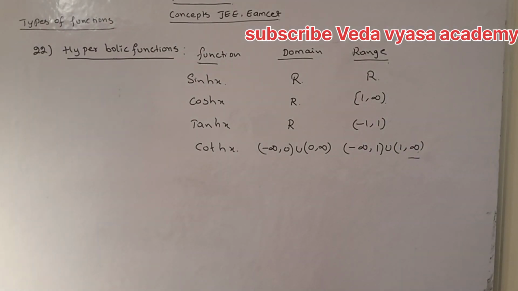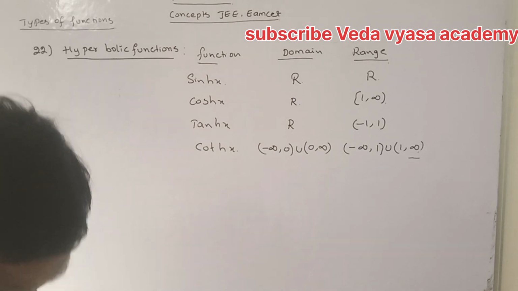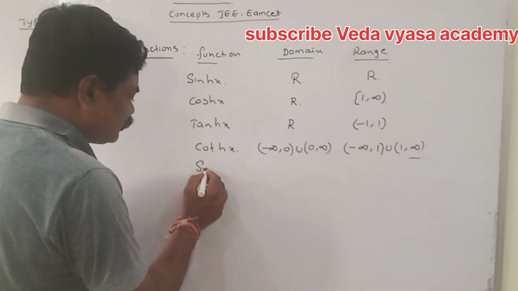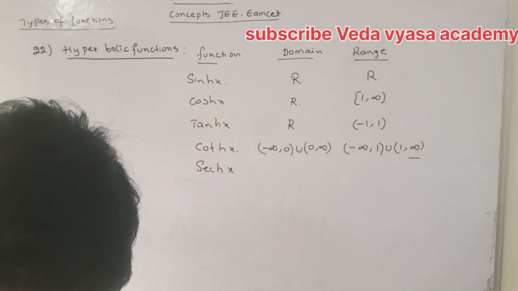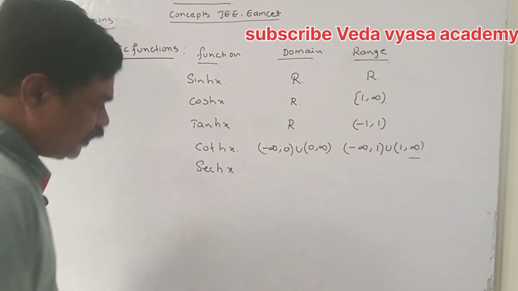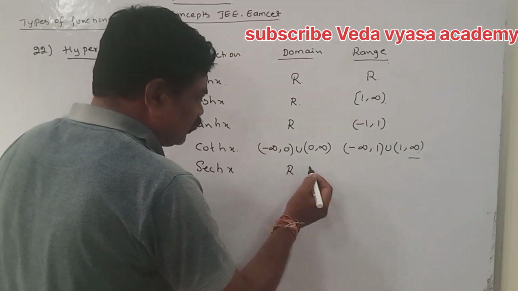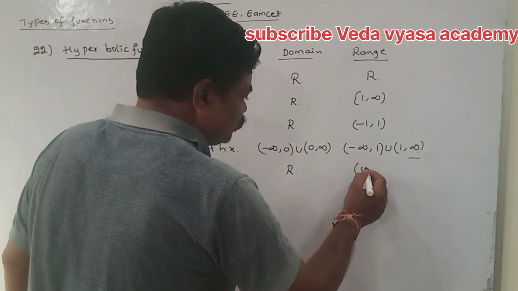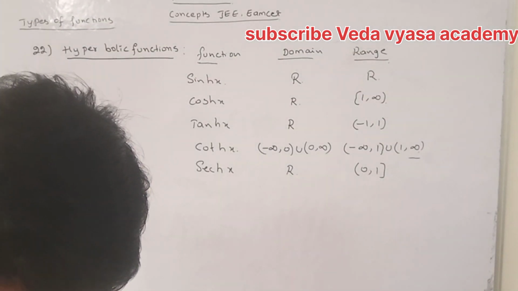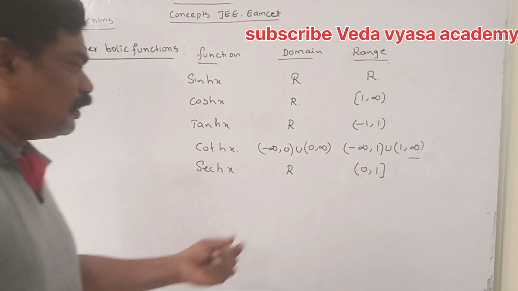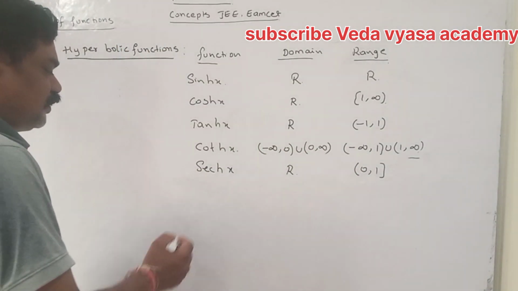The next ones are sec hx and cosech x. Secant hyperbolic function: domain is R and range is the open 0 to 1 closed. Okay, all of you, this is the range of the secant hx.